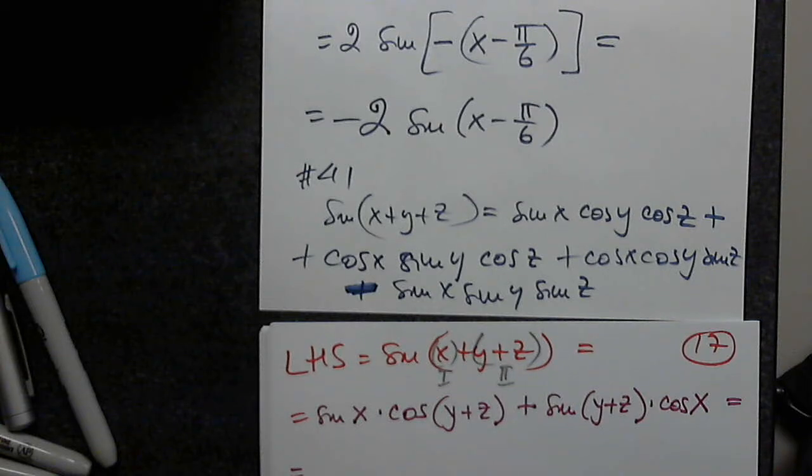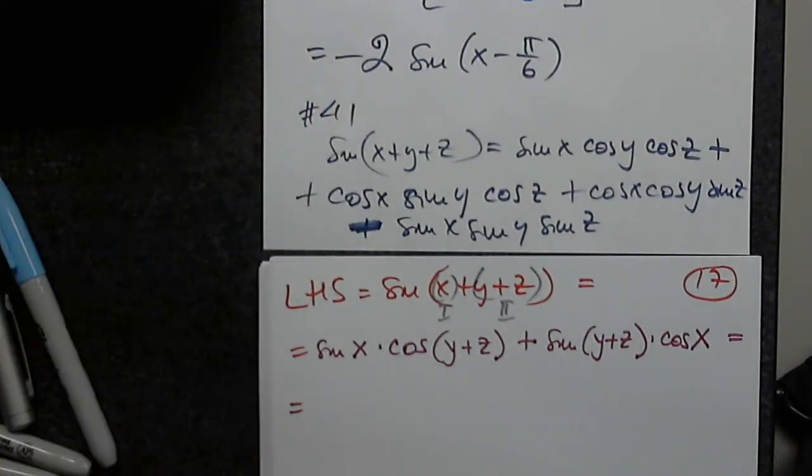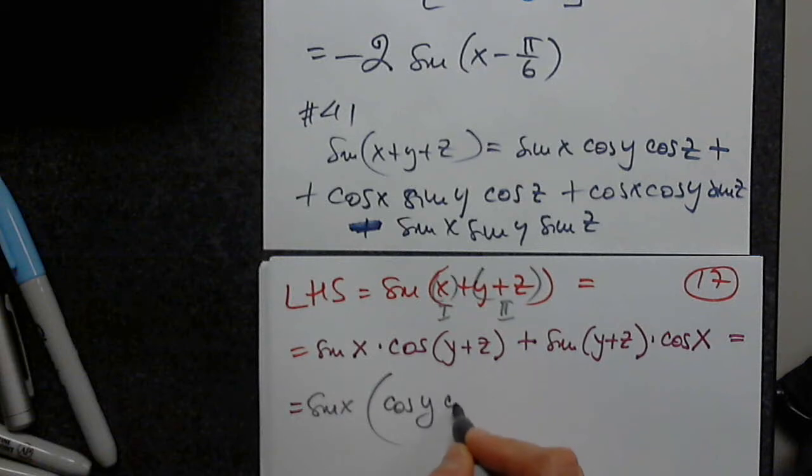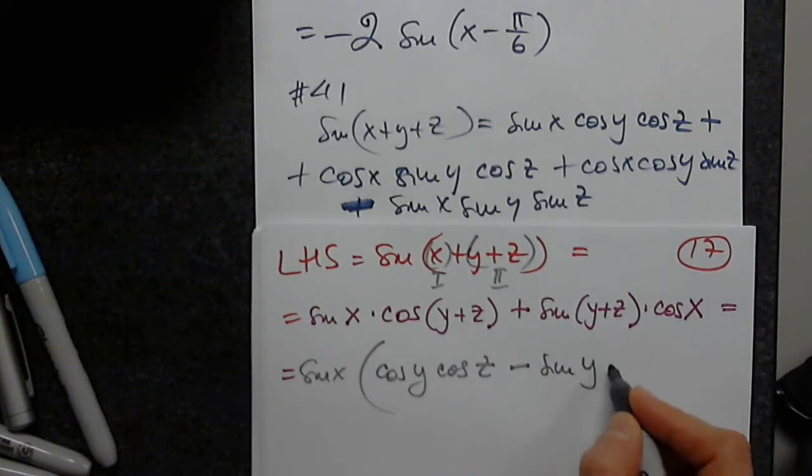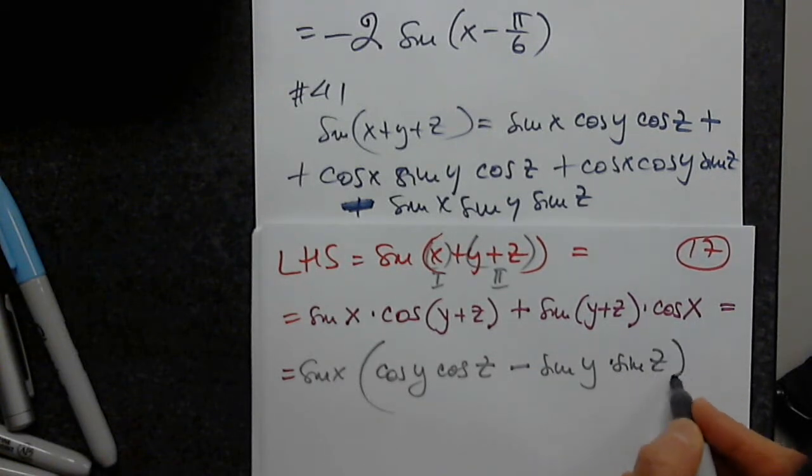Gotcha. It's a good pick. So I replace cosine of y plus z by, can anyone give us the formula? This is the one with cosine, cosine, sine, sine. Cosine y cosine z minus sine y sine z.